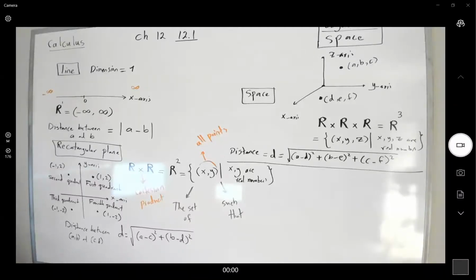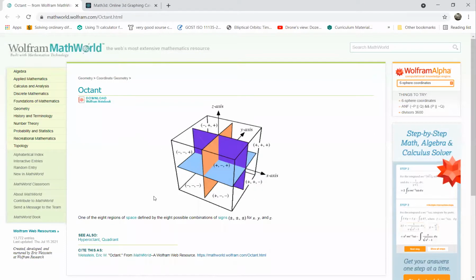Very well. So when it comes to space, instead of having quadrants, we have octants. We have 8 sections or 8 divisions in the space, or we have 8 octants in the space.